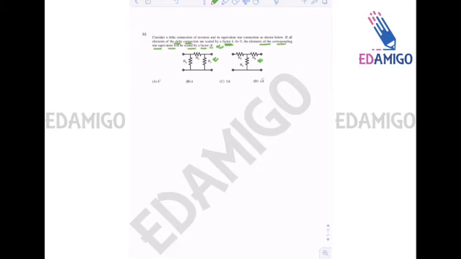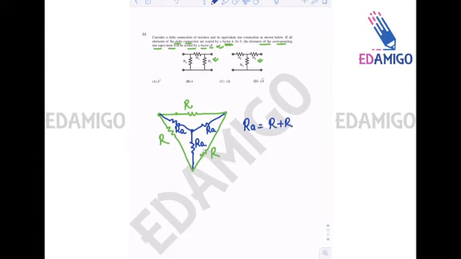Okay, so let us assume that we have a delta connection where all the resistances are of value capital R. For example, let us say this is RA, this is also RA because they all will be of the same value. So RA will be equal to R plus R divided by 3R, that is 2 by 3R is equal to RA.